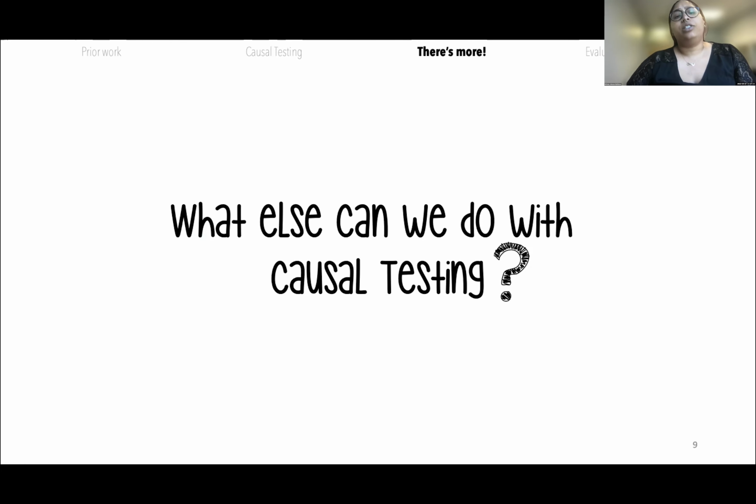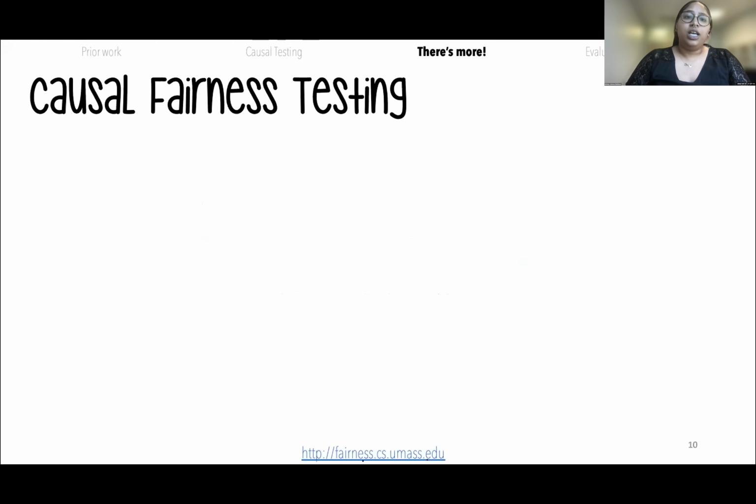Well, a couple of directions that we're looking at are, first, causal fairness testing. This work we have published as a demo, and there is a prototype that has been developed at the link provided here. Causal fairness testing takes this causal experimentation approach in the context of detecting bias.